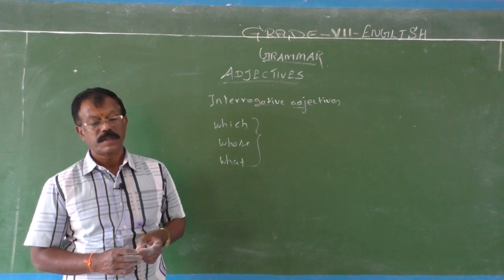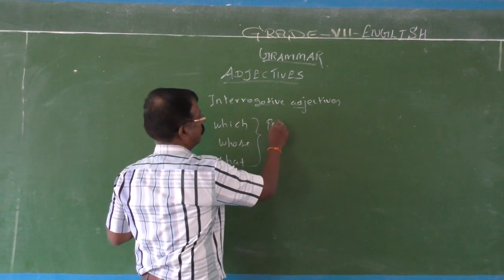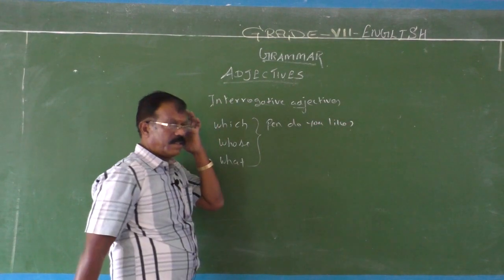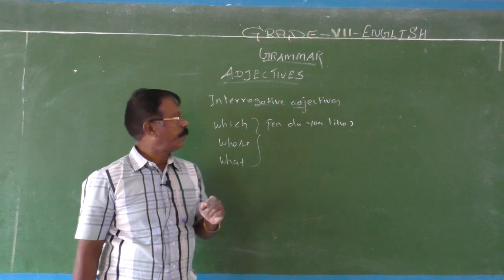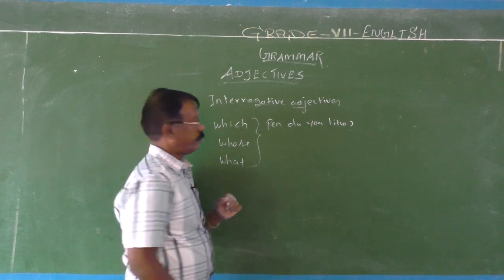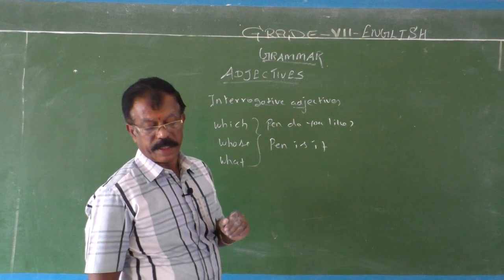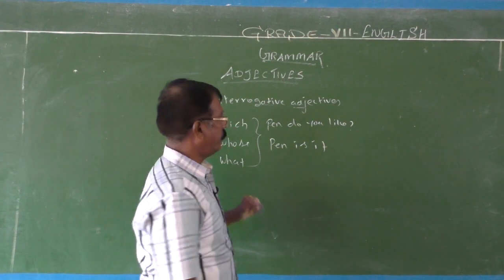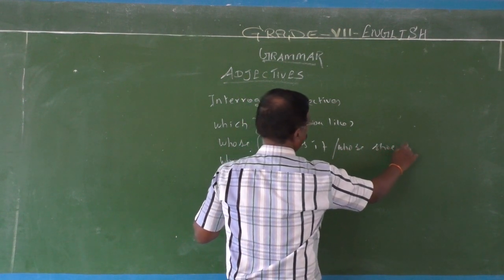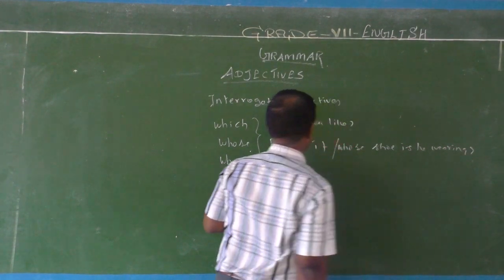Whose, which, what. Which pen do you like? Which sweet do you like to have? Which pen do you want to have? Then whose pen is it? Whose shoe is he wearing?